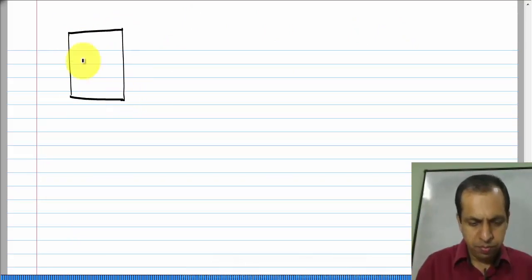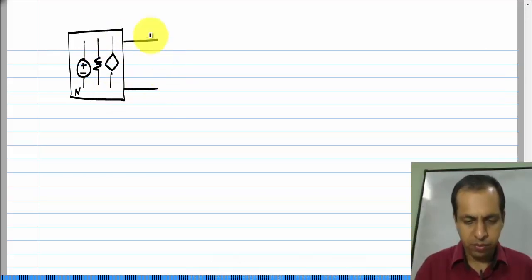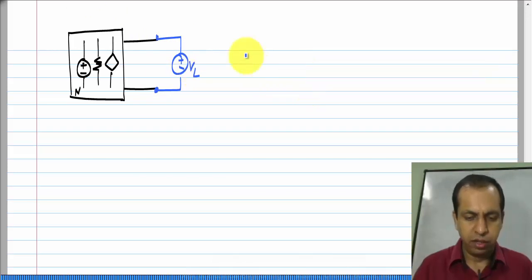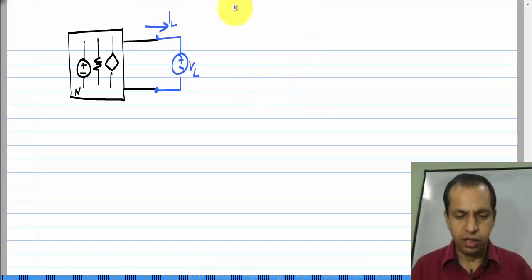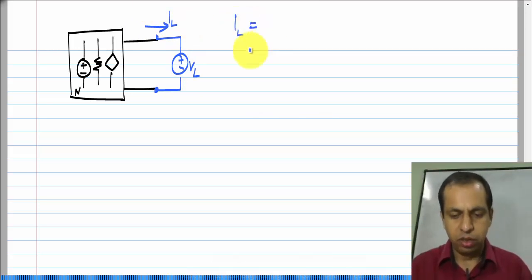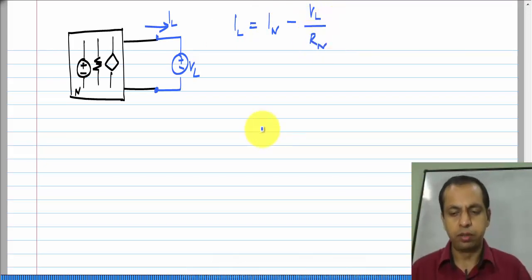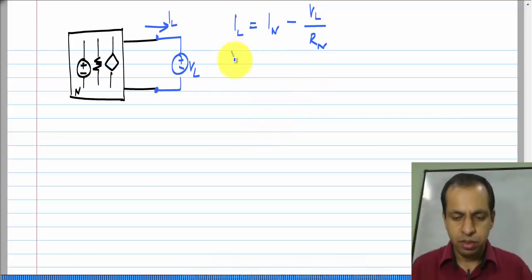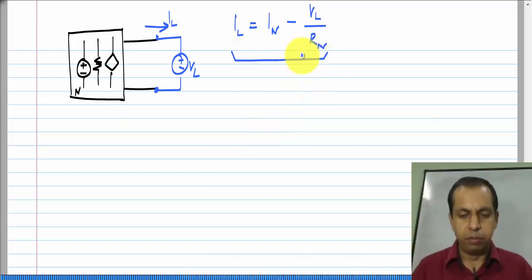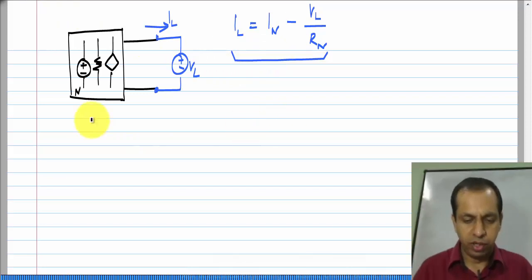With the full circuit, that is with the independent sources active and we have all the components in place, if we apply V L, we have a certain current I L, and from the two cases that we took for superposition, we know that this I L equals I N, the short circuit current or the Norton current, minus V L divided by R N. Okay. Now, this entire thing can be represented using a simple equivalent.